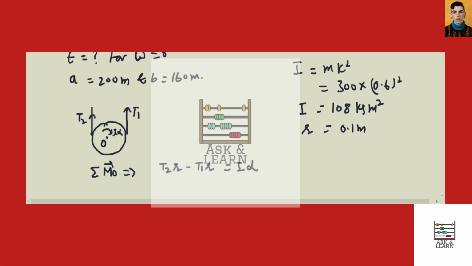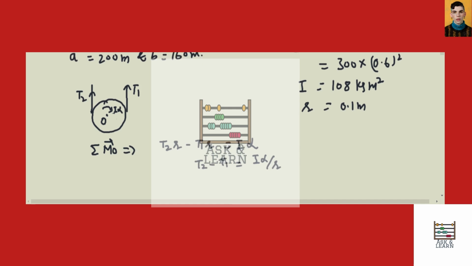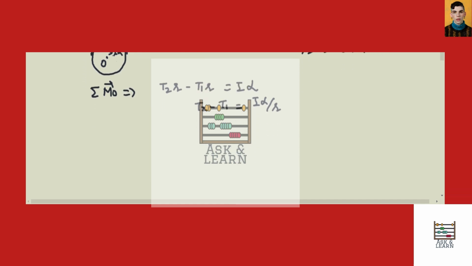Taking R common, T2 minus T1 is I alpha upon R. Or in terms of T2 minus T1, alpha can be written as R upon I into T2 minus T1.